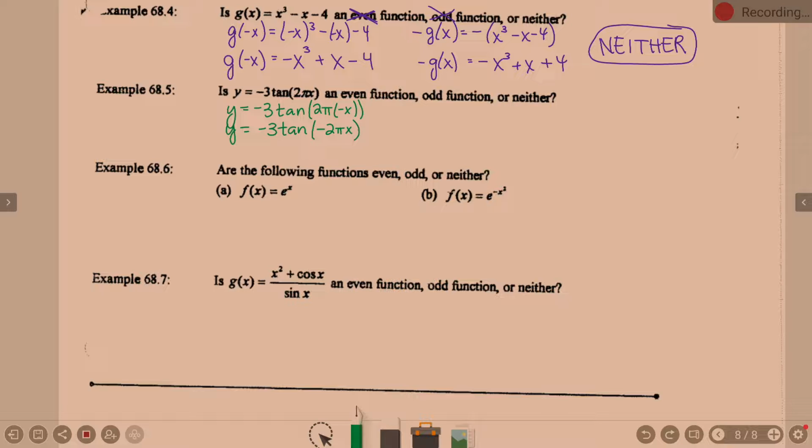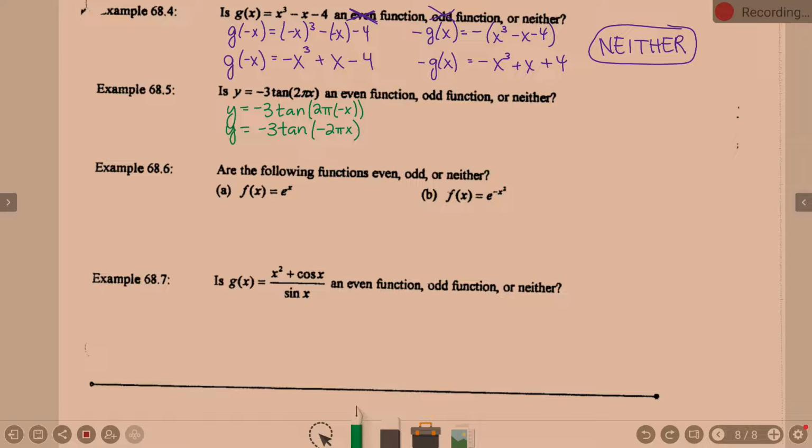Sorry, I'm really spacing here. That negative 2 pi x, I guess I want to say because it's tangent, we can take that negative out front. So I don't know if you remember, ironically enough, they are even-odd identities. This is exactly what it relates to.